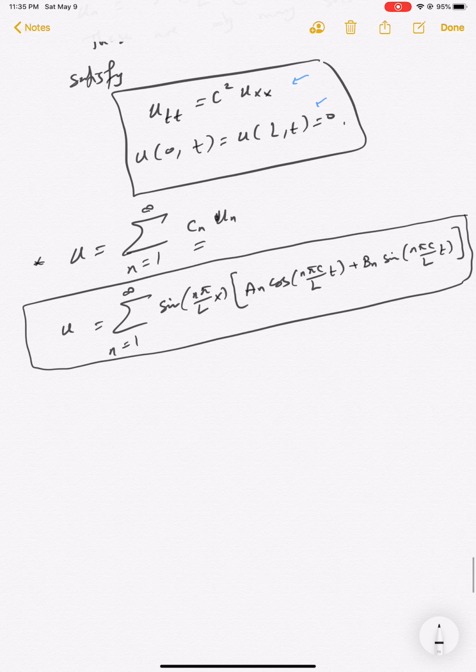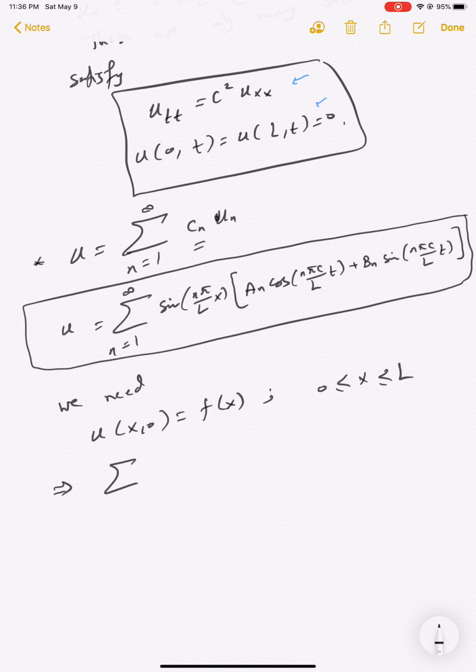So now we need u(x, 0) to be f(x). And remember, the x values are between 0 and L. Now, what is the meaning of u(x, 0)? That means you go back to this boxed formula for u, and you replace t by 0. If you replace t by 0, you get the sum from 1 to infinity of sin(nπx/L) times a_n.